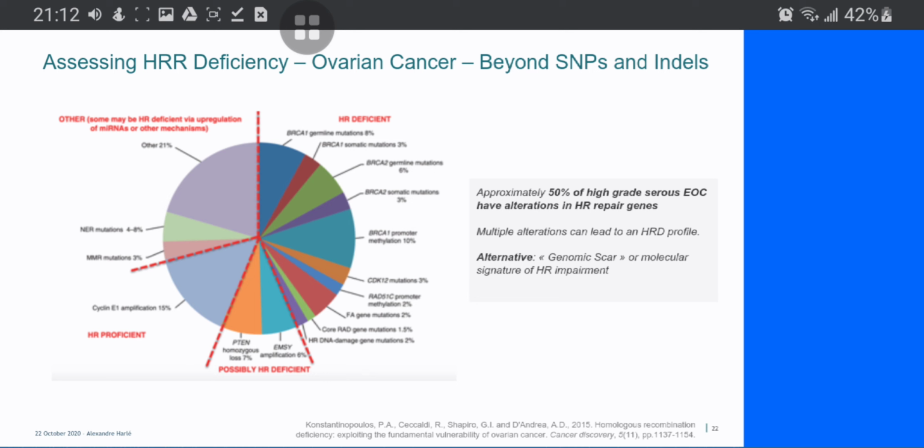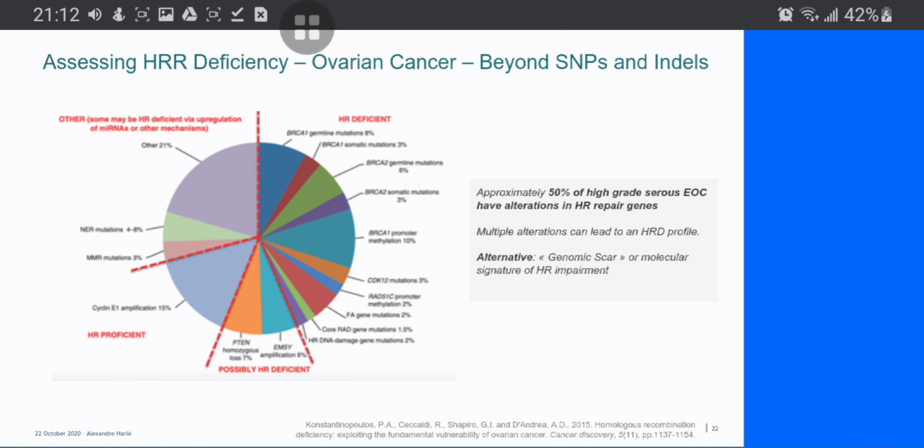It was published in Cancer Discovery in 2015, and the authors tried to separate HR deficient, possibly HR deficient, and HR proficient cases.